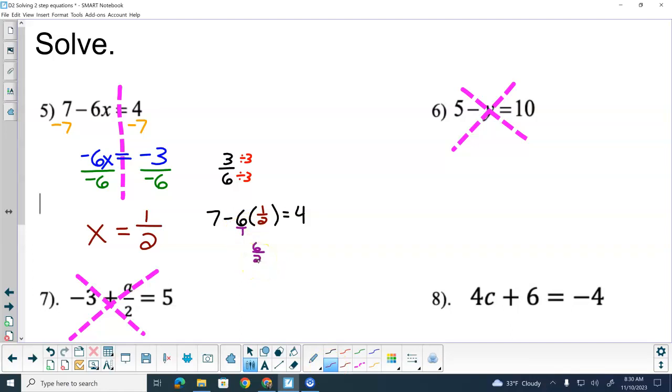What is 6 divided by 2? 3. So then this is 7 minus 3. 7 minus 3 is 4, and 4 is equal to 4. So now we can be excited that we got it right. Okay?